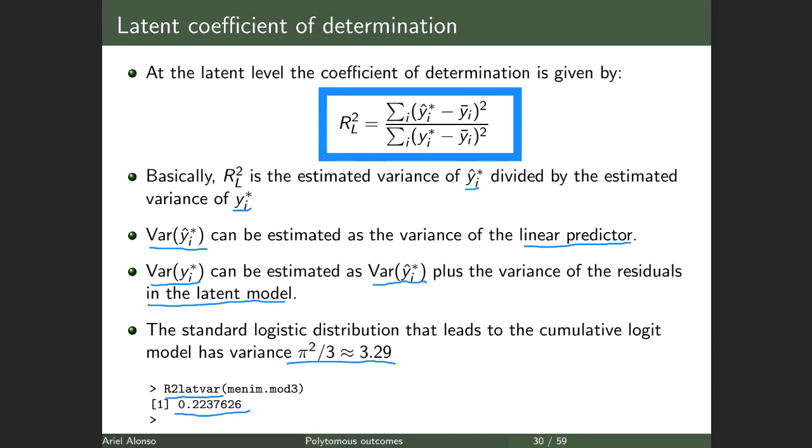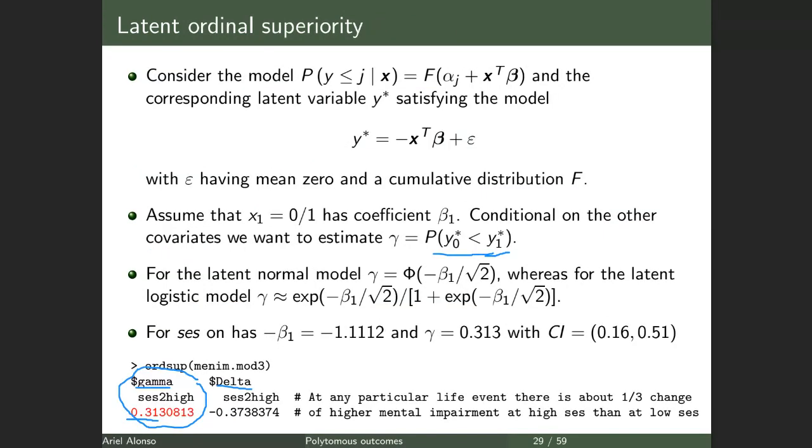You need to be very careful here. It's like the previous discussion we had about this gamma probability. This is at the latent level. It's not at the observable ordinal level. It's at the latent continuous level. So it's a nice parameter.